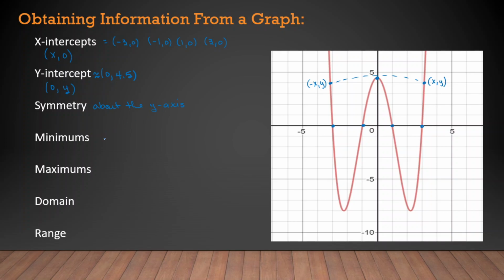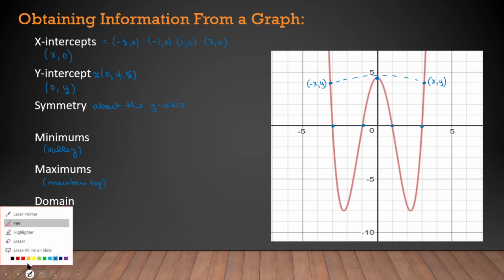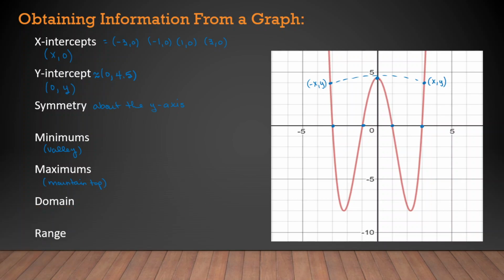Okay. All right, minimums and maximums. These occur where the function has a valley or a mountaintop, a peak. Okay. And these, what we're really talking about here, are what are called local or relative mins and maxes. And this graph has some of both.